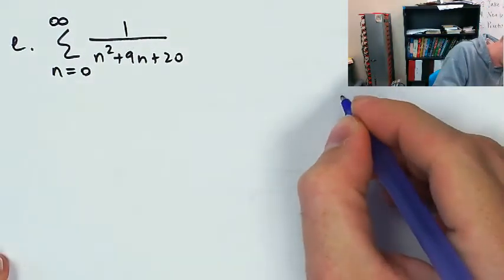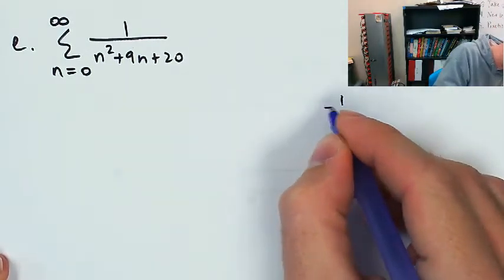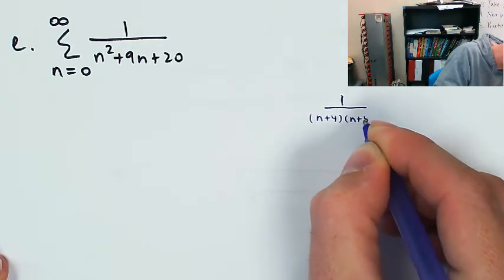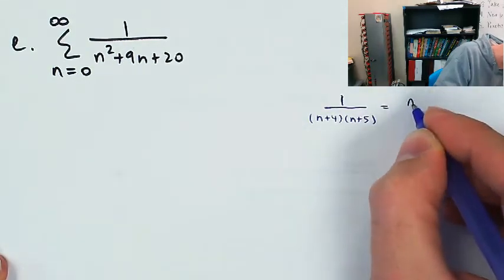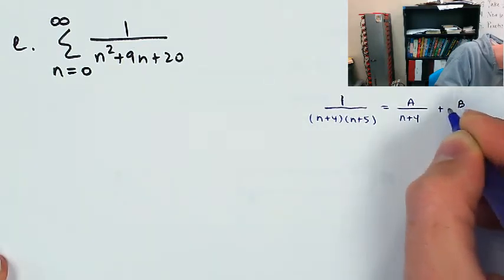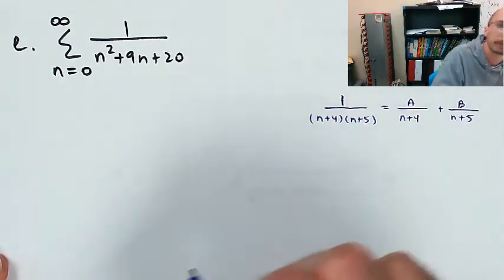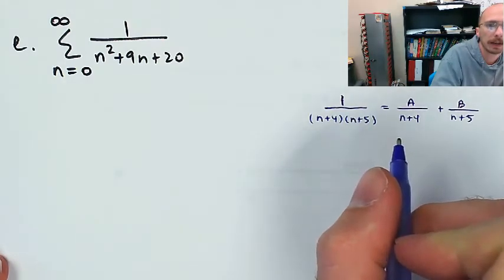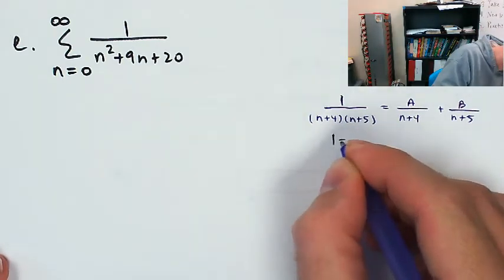I'm going to say that 1 over (n plus 4)(n plus 5) is equal to some number a divided by n plus 4, plus some other number b divided by n plus 5. Clear out the denominator.